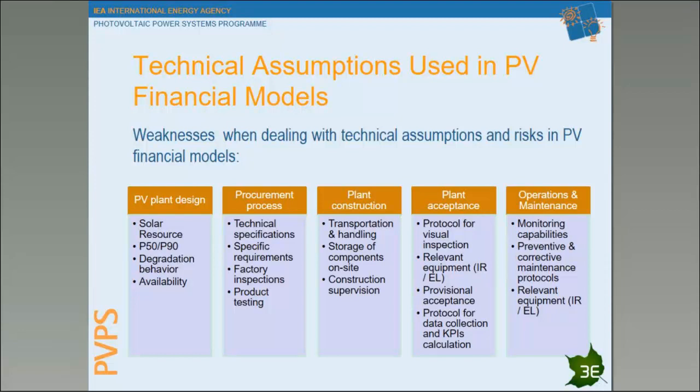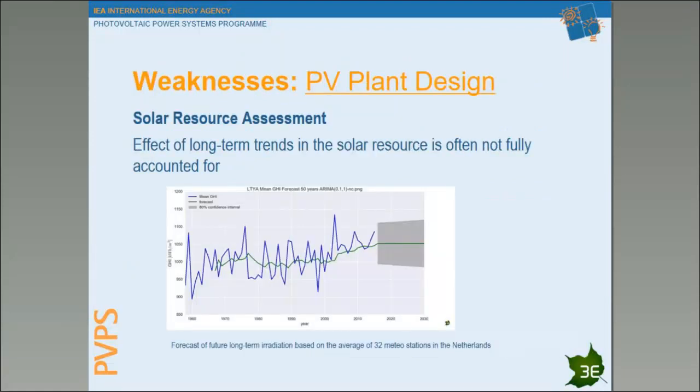Starting with the PV plant design, the main weaknesses we found start with the solar resource assessment. We saw that the effect of long-term trends in the solar resource is often not fully accounted for. Even though there may not be long-term trends all over the world, several studies have shown that there are some trends, especially in Europe or in Asia.